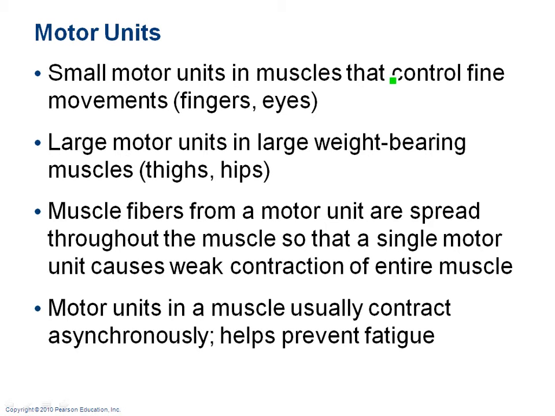We just mentioned motor units can have as few as 4 muscle fibers, and in other cases you may have hundreds or even over 1,000 muscle fibers in a motor unit. Small motor units have just a few muscle fibers. When those are stimulated, fewer muscle fibers are contracting, which generates less force of contraction within that muscle.